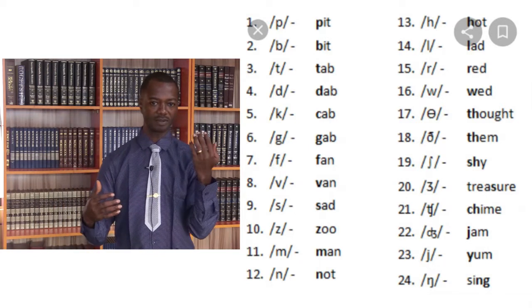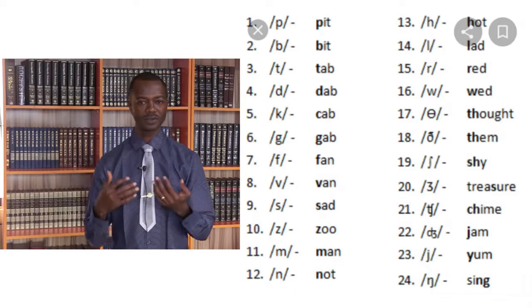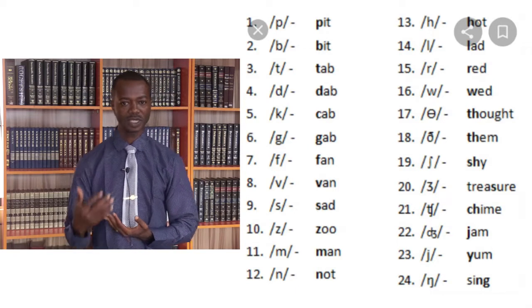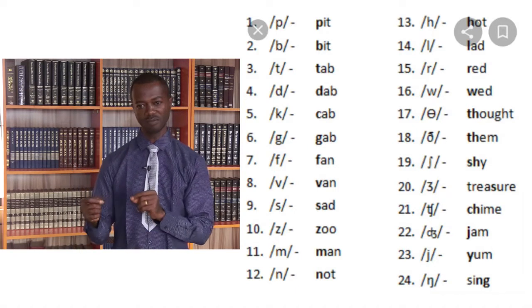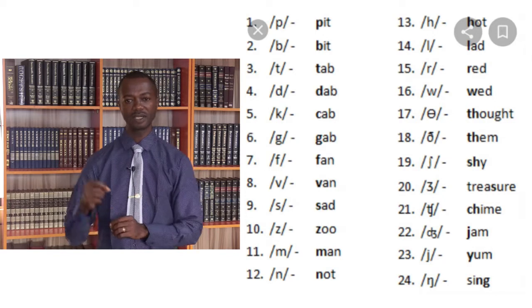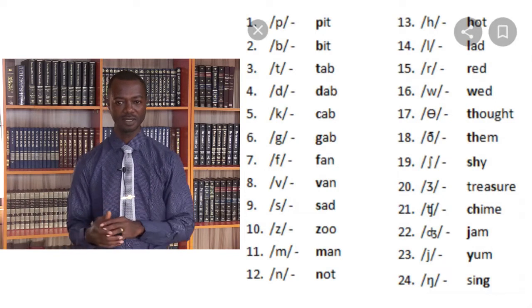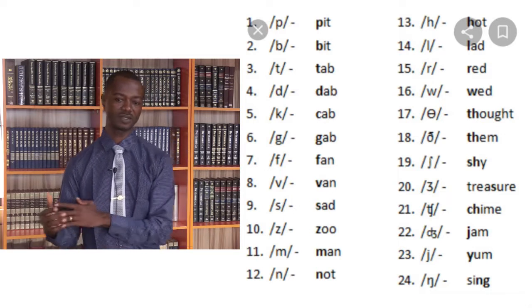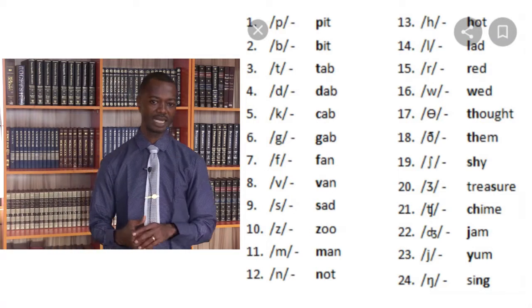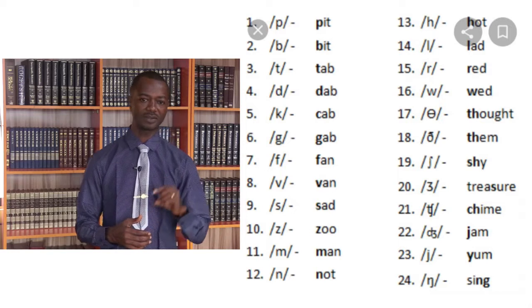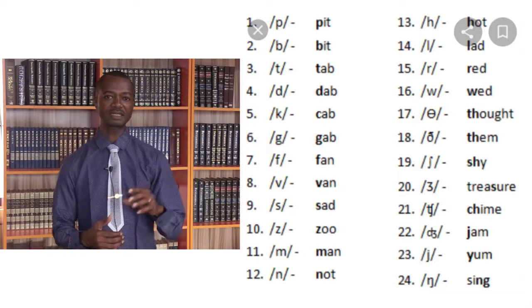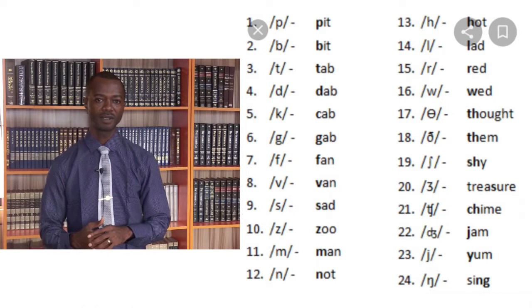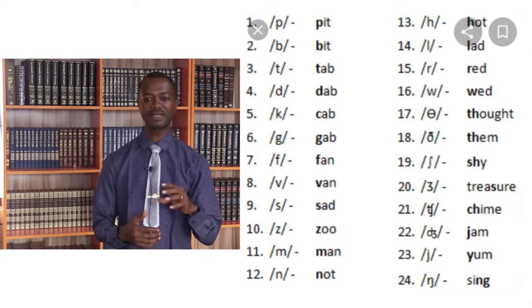The voiceless th is in think, thirty, thirsty. Now try to say this phrase: thirty thirsty thieves. I can make it a sentence: thirty thirsty thieves stole the tongue. So you have the th sound in thirty, in thirsty, in thief.